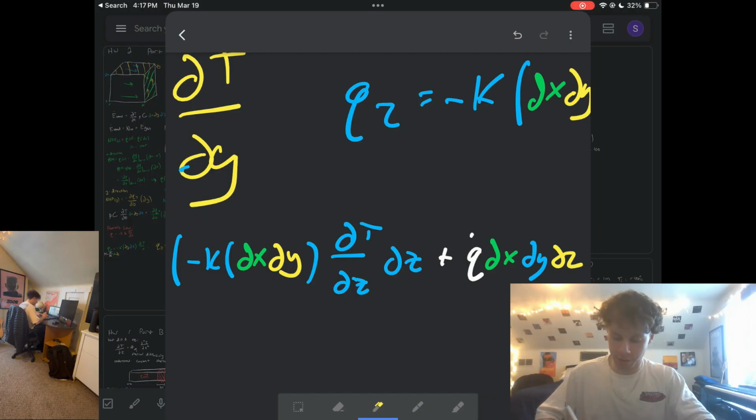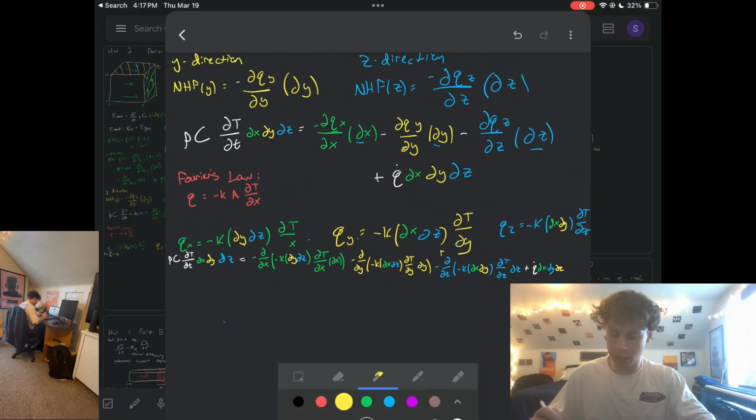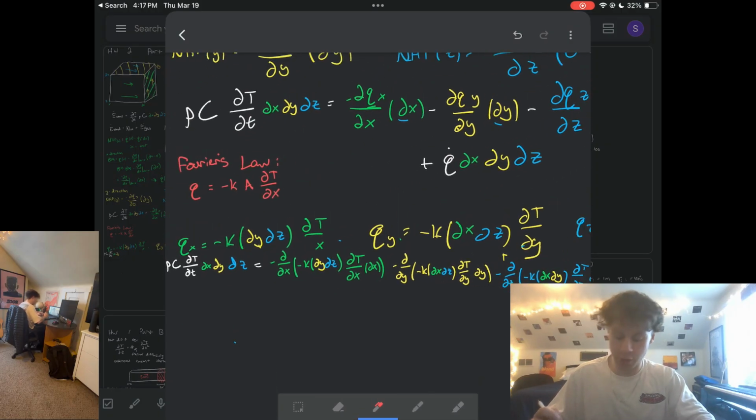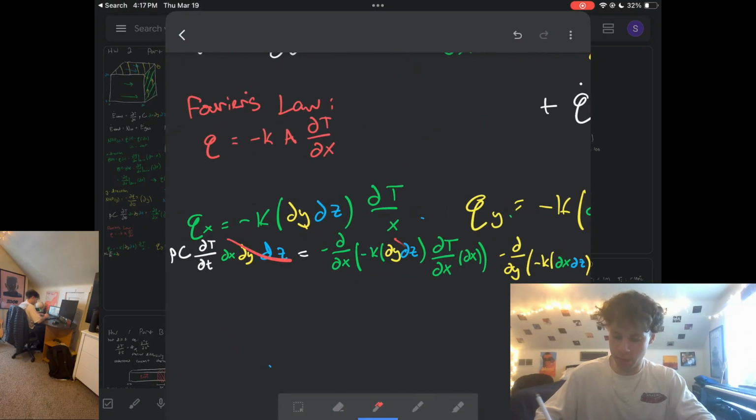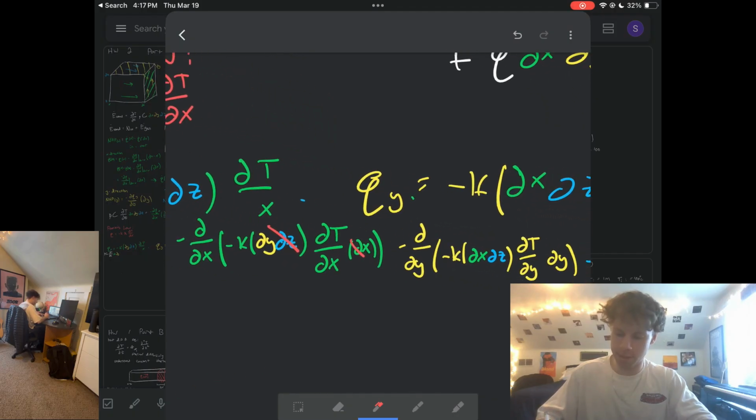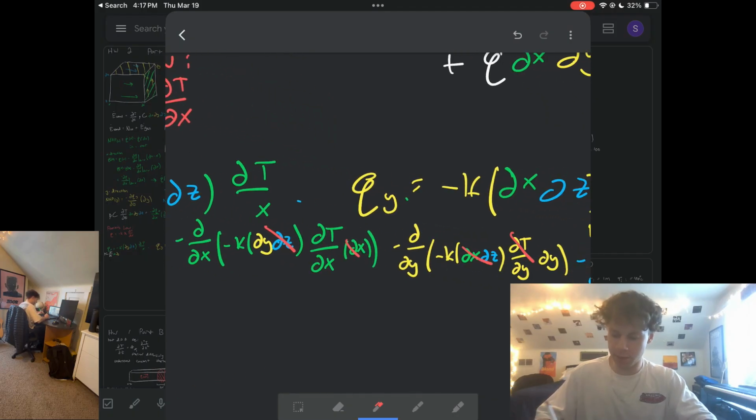Okay, so to simplify this, we could start by canceling all of our terms for volume, because they remain consistent on both sides.